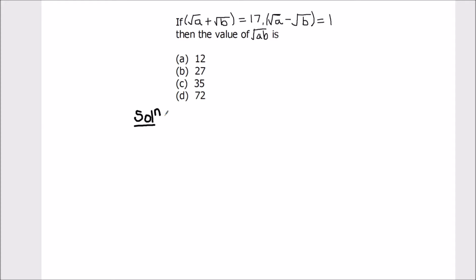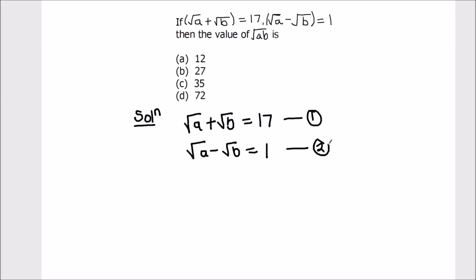We have been given the value of root a plus root b as 17 and root a minus root b as 1. So this is our equation 1 and the other one is equation 2. So first we'll add the two equations.